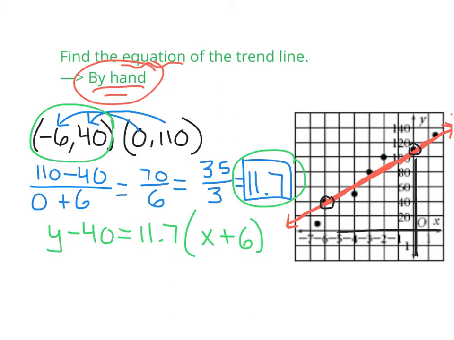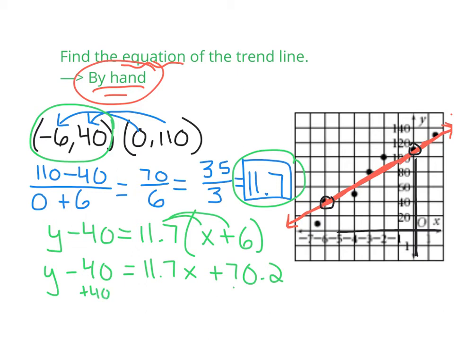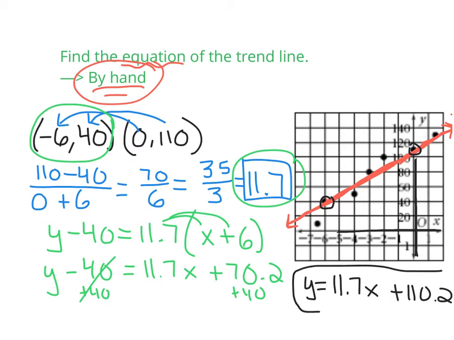So let's now convert it to slope-intercept. So let's distribute. And then let's add 40 to both sides. And we get 11.7x plus 110.2.